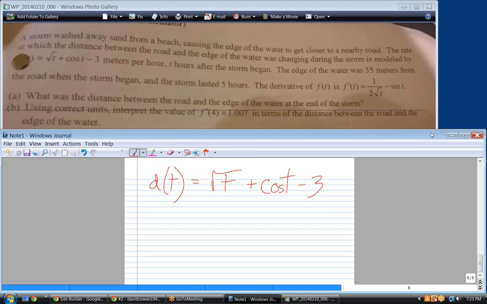If we want to know how much was washed away, we're going to take the integral of this function here. Not sure yet why they took the derivative of it, but we don't care. This is the rate at which the sand is being washed away. Or really, it's the rate at which the distance between the road and the edge of the water is changing.